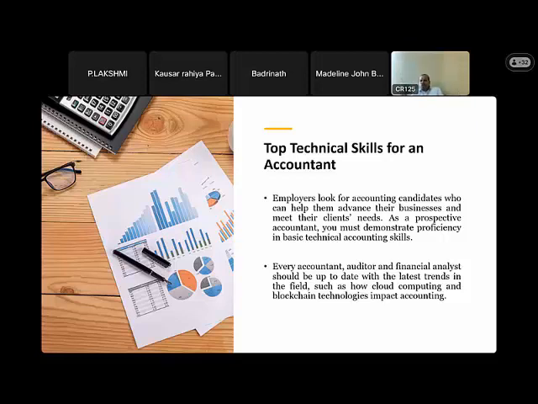Every accountant, auditor, and financial analyst should be up to date with the latest trends in the field, such as cloud computing and blockchain techniques in modern accounting. You need to be prepared and ready for these kinds of jobs. The scope is pretty wide, pretty large.